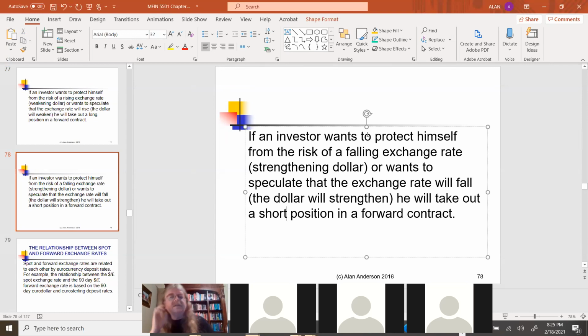So in other words, he's agreeing to sell. And if he's right, then he'll either save money or he will make money, depending on which position he's in.